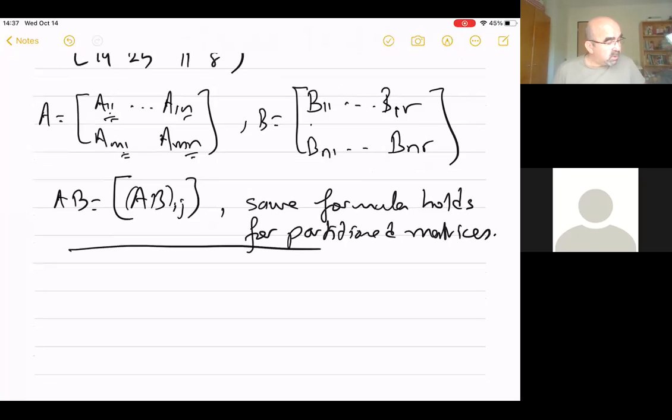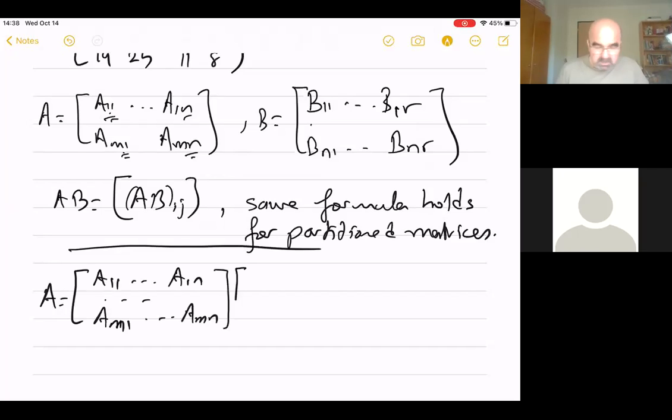One more thing is, for example, if we have a matrix A11, A1n, AM1, AMN, and you multiply this matrix by something like R1, Rn, suppose everything is real or complex numbers.